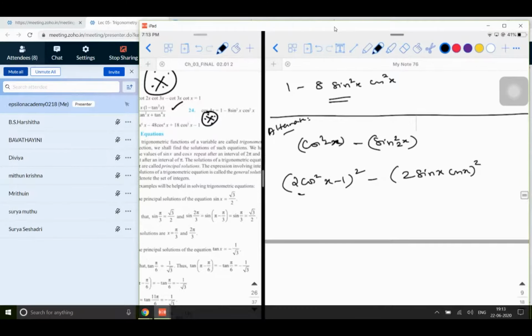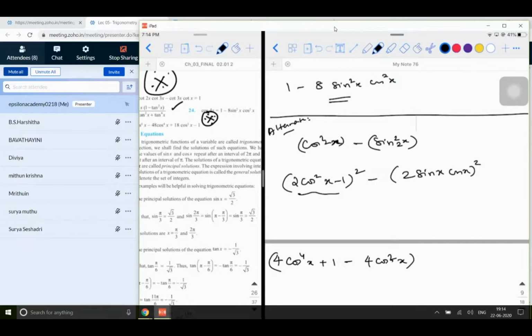So 2 cos square x minus 1 the whole square will be how much? It is 4 cos power 4x plus 1 minus 4 cos square x. So a minus b the whole square is what I applied.